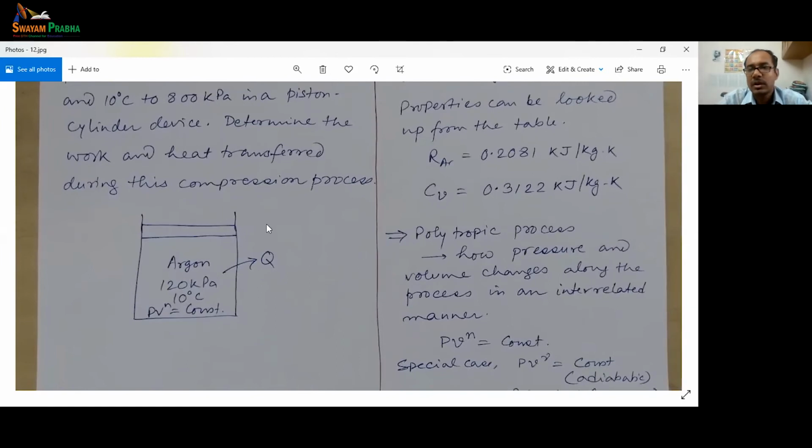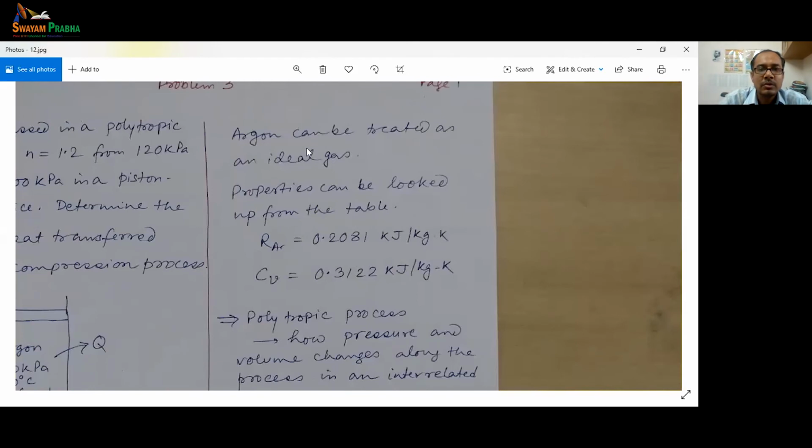Now this is not a rigid container, but a piston cylinder device where the volume can change. It has that flexibility. So this argon can be treated as an ideal gas, and we have looked at the conditions where the ideal gas assumption is true in the earlier chapters and the corresponding tutorial problems.